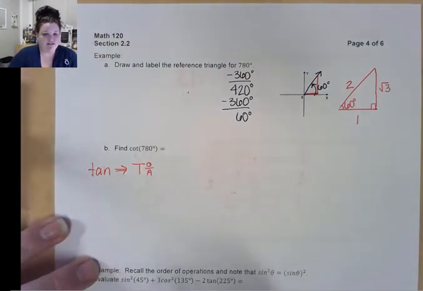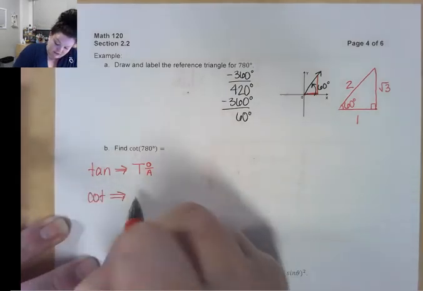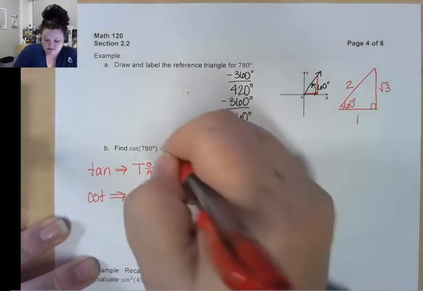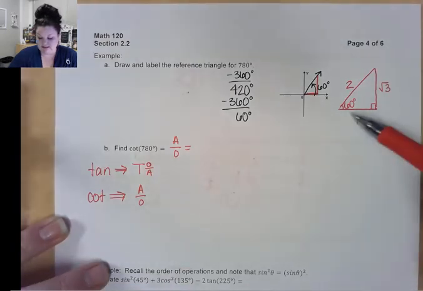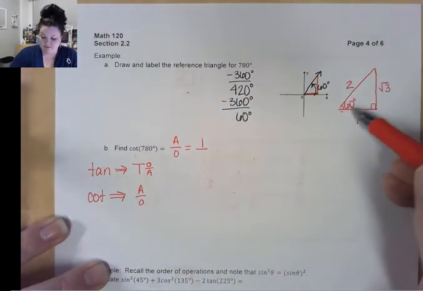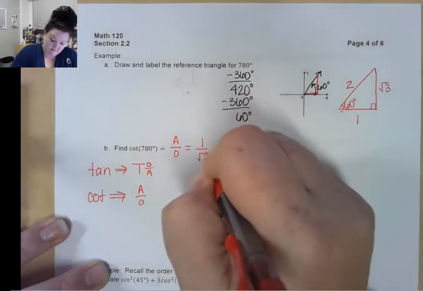So if tangent is opposite over adjacent, then cotangent is going to be adjacent over opposite, right? Adjacent over opposite. So what is adjacent to my 60-degree angle? That's 1. And what's opposite my 60-degree angle is square root of 3.